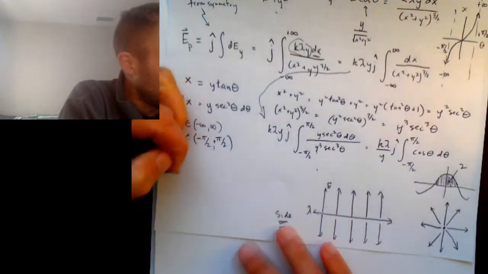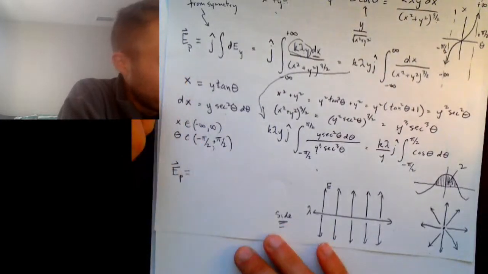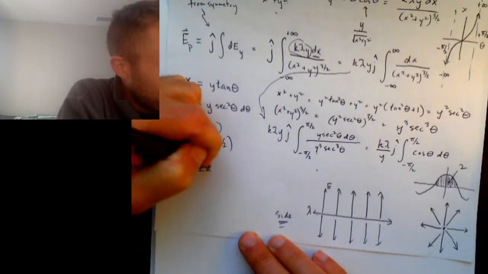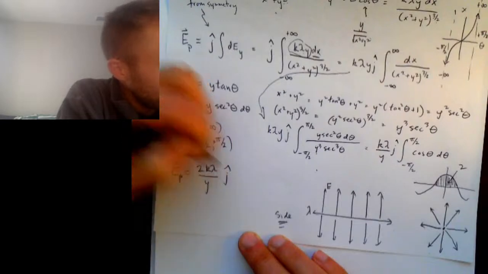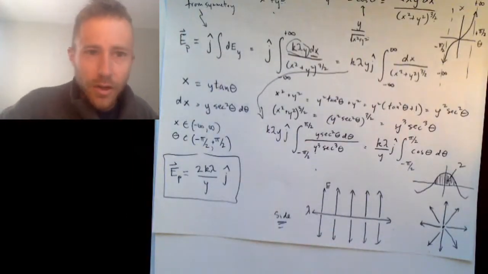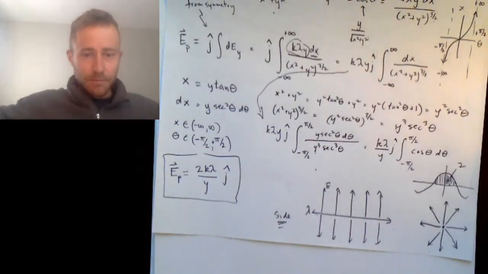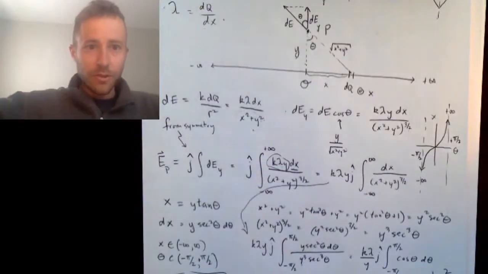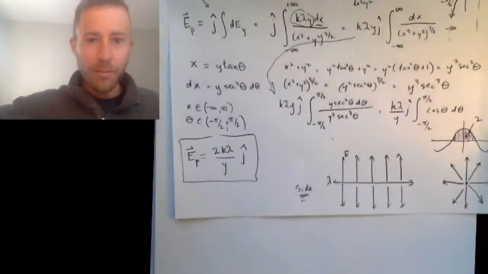So that means that the electric field at point P is equal to 2k lambda over y times j hat. Again, I want to reiterate that if you have an infinite line, the x components of the electric fields cancel out, and you are left with only a y component.